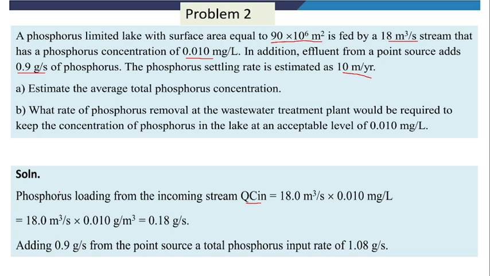Now, 0.9 gram per second is constantly being added to this incoming stream, so that also goes to the wastewater treatment plant. We need to add this, and now the input rate is 1.08 gram per second.